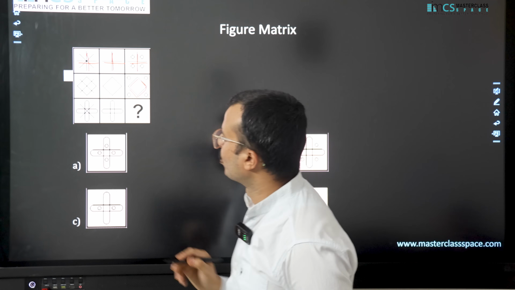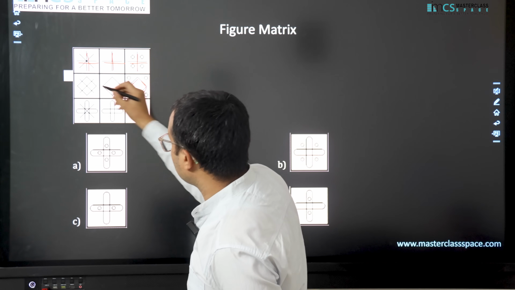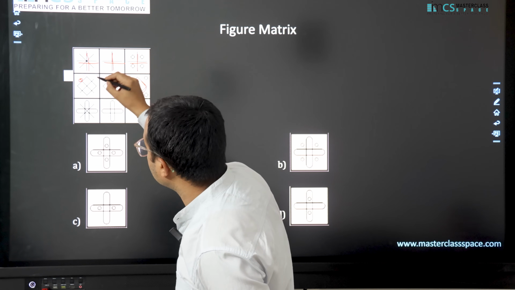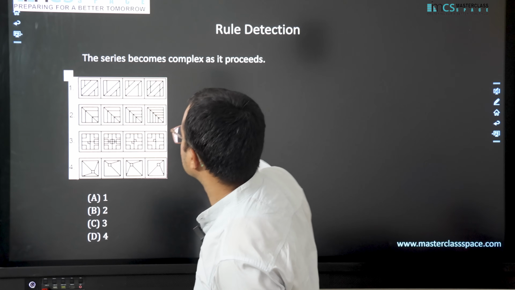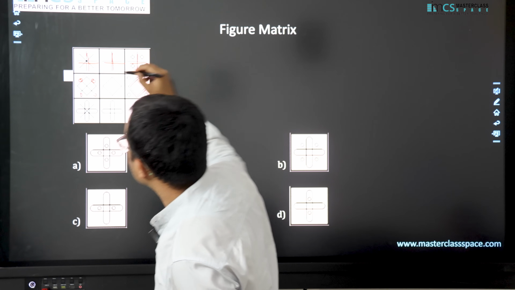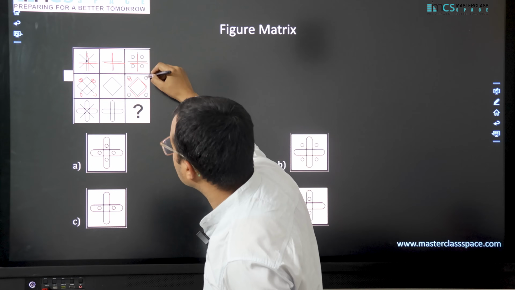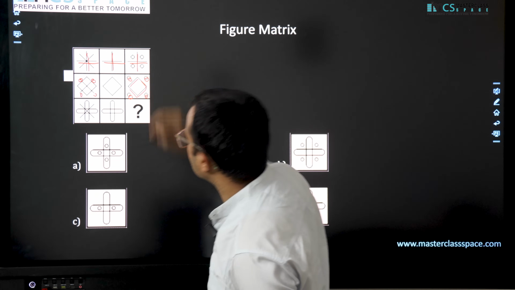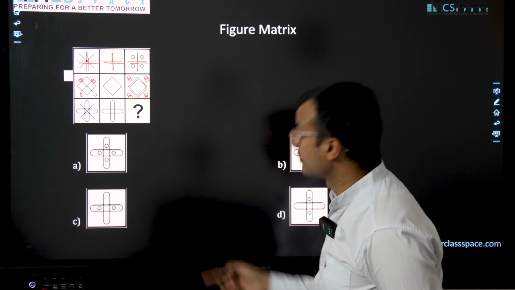However, this cross is only there in the figure 1, and what has happened? The corner points of this cross, they are placed in the final figure. So same logic we will apply here.